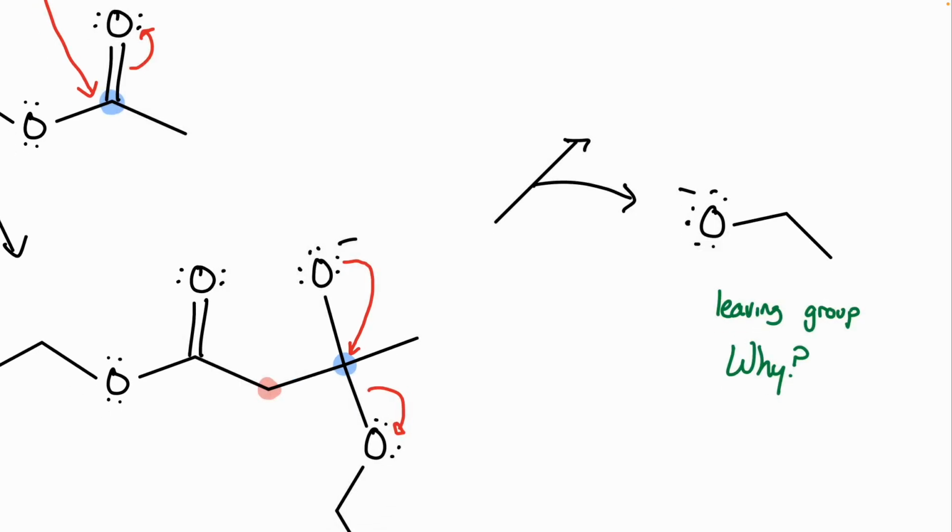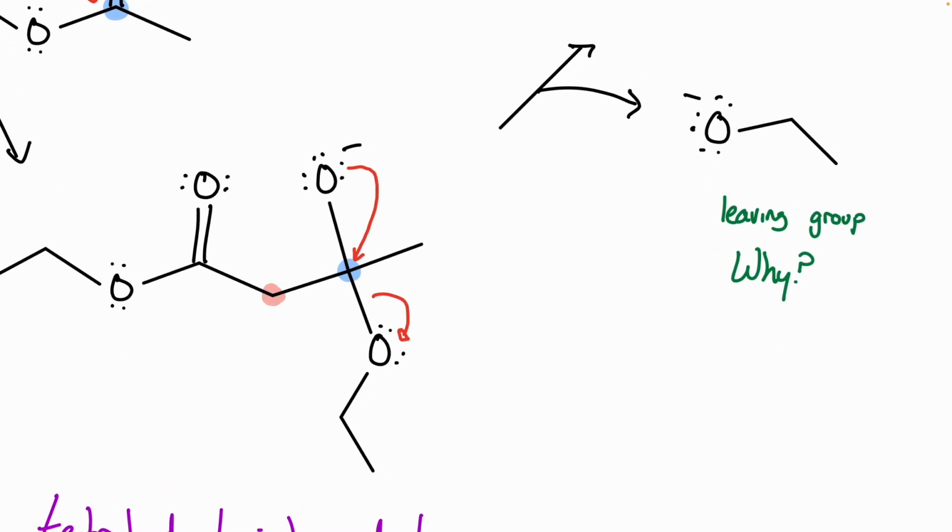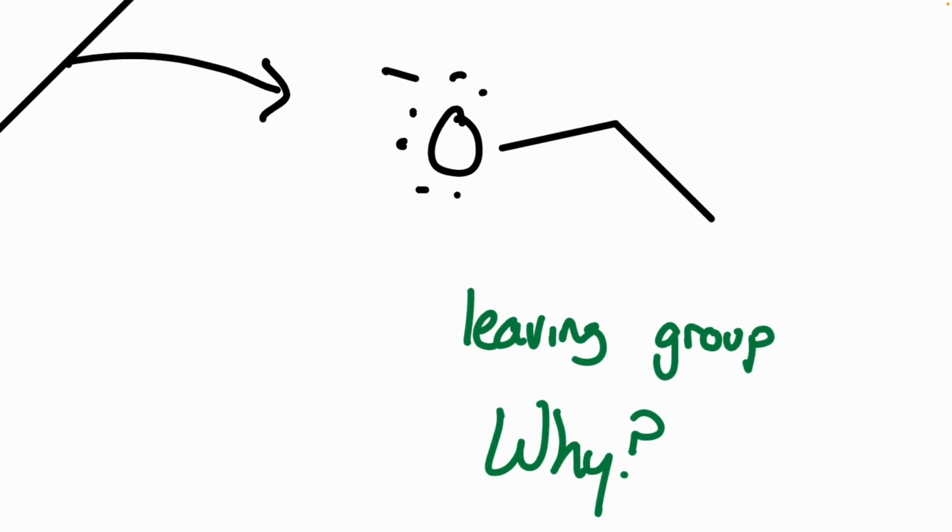So why would all of a sudden we have this negatively charged oxygen playing the role of our leaving group here? Well, importantly, let's look at the previous step. Why is this molecule unhappy? What's giving it this high energy? The negative charge, right? I have my oxygen with a negative charge.